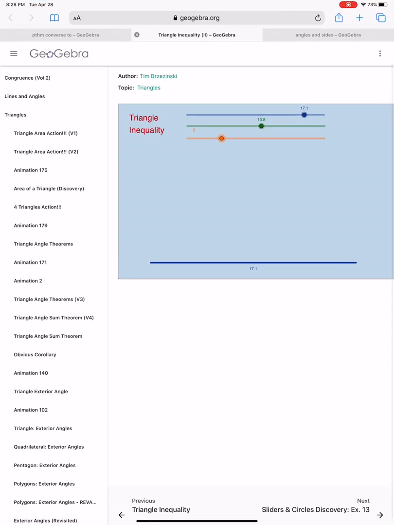That if we have this, so this right here, I got a 17.1, right? And a 10.8. So if I make this a little bit bigger, to 6.8. Here, let me make this a nicer number. How about 11? There we go. So right now I have 17.8, so I get a triangle. But watch what happens if I make this orange just a little bit smaller. Now I jumped that green down too much.